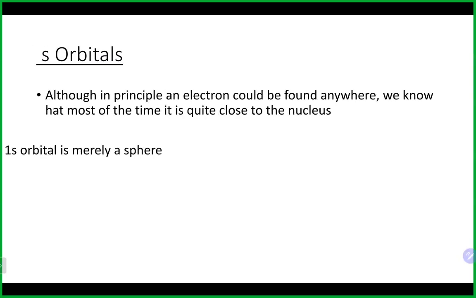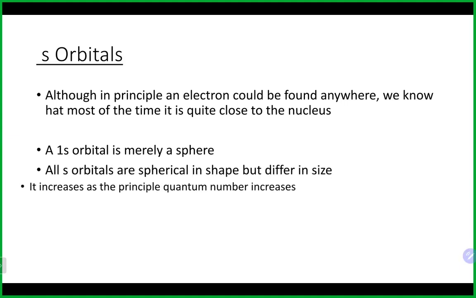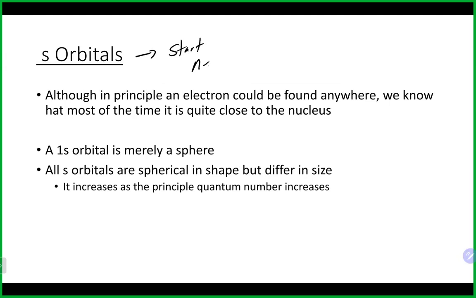The first type of orbitals that can hold an electron are s orbitals. And s orbitals start on the n equals 1 level. So the ground state, the very first energy level, you will find an s orbital. And that's referred to, by the way, as a 1s orbital.